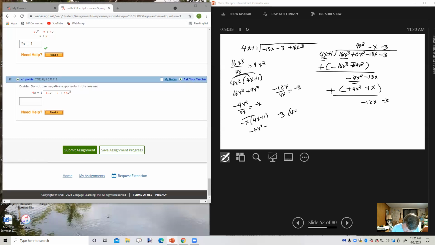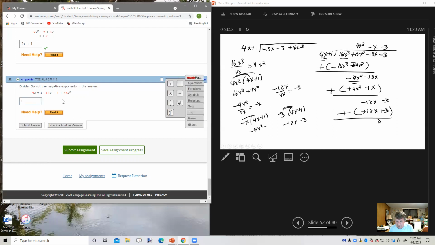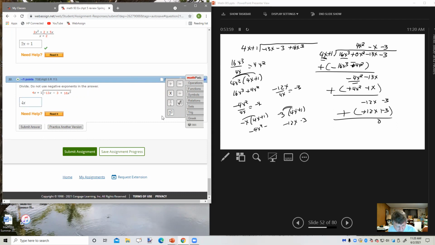Minus 3 times 4x plus 1, negative 12x minus 3. And subtract that, change it to addition of the opposite, and we get 0 remainder. So let's see. I know I'm kind of rushing here because I'm trying to get through before time runs out. And that's minus x minus 3.